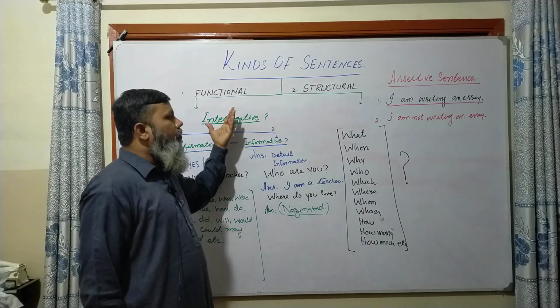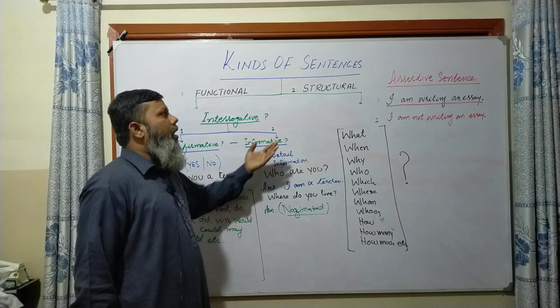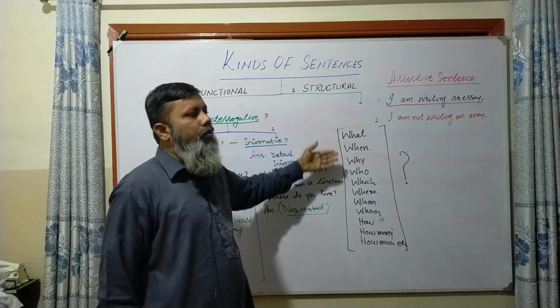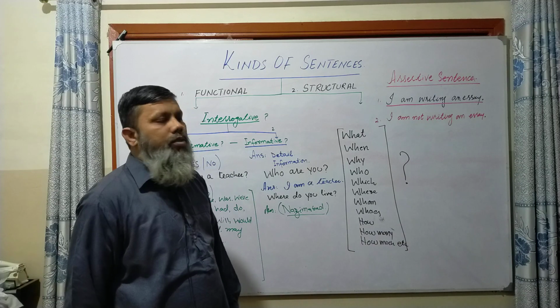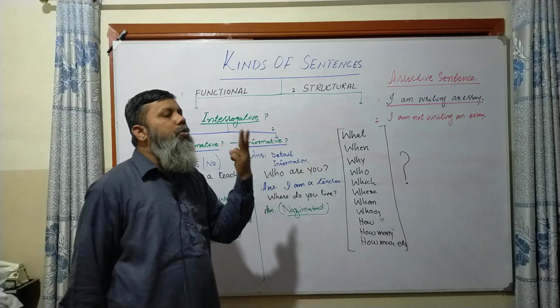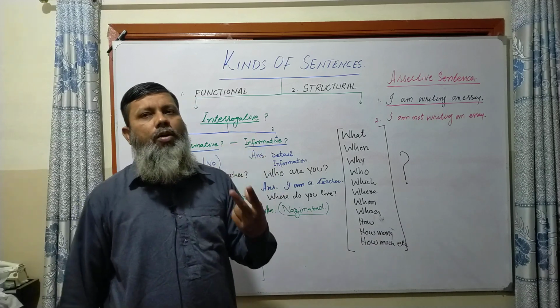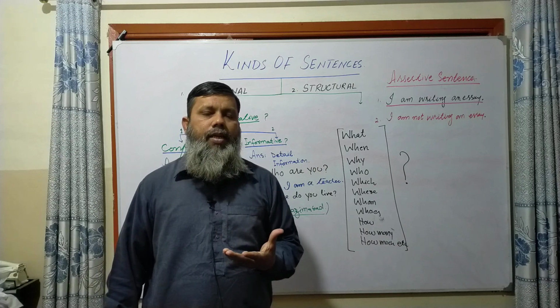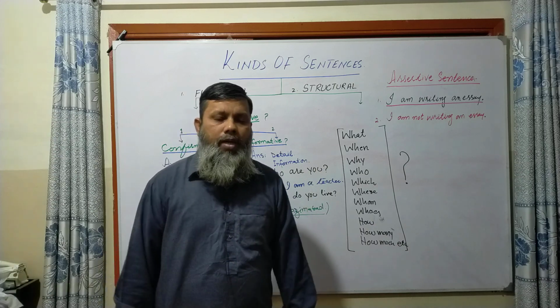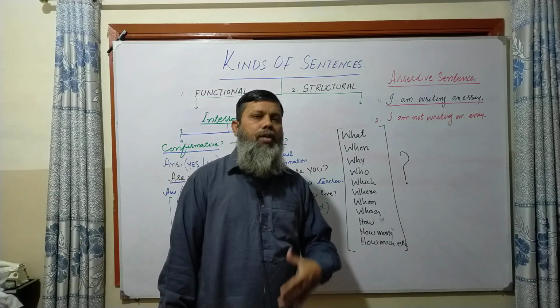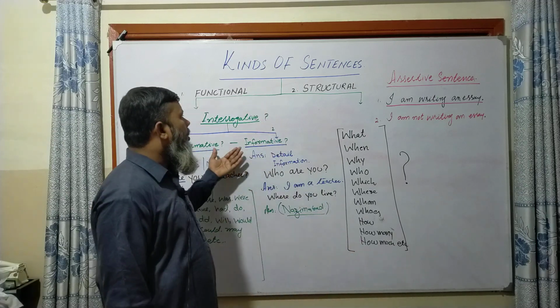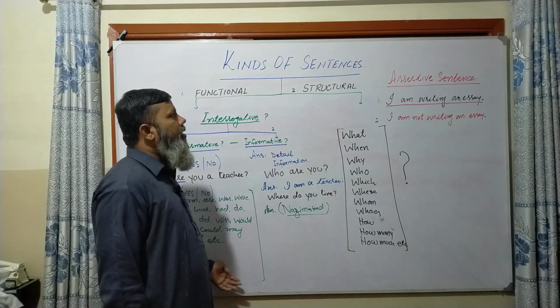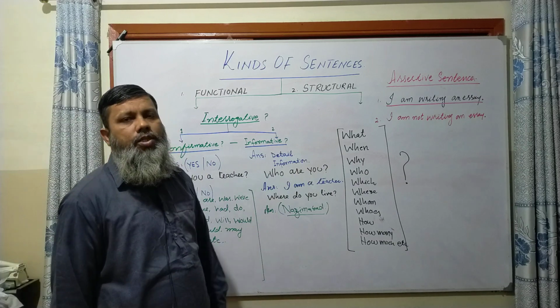In functional we have four forms and in structural we also have four forms. In functional, today I described two functional kinds of sentence. Inshallah, in my next lecture, I will define the two remaining functional kinds as well as the structural forms of sentences.